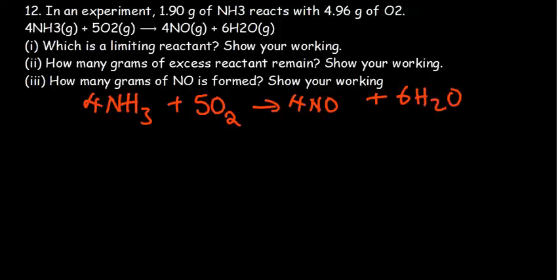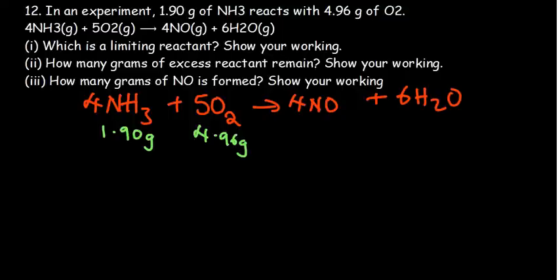So I'll write down the given information. We've been told 1.90 grams of NH3 reacts with 4.96 grams of oxygen. So I'll direct you by using this method.